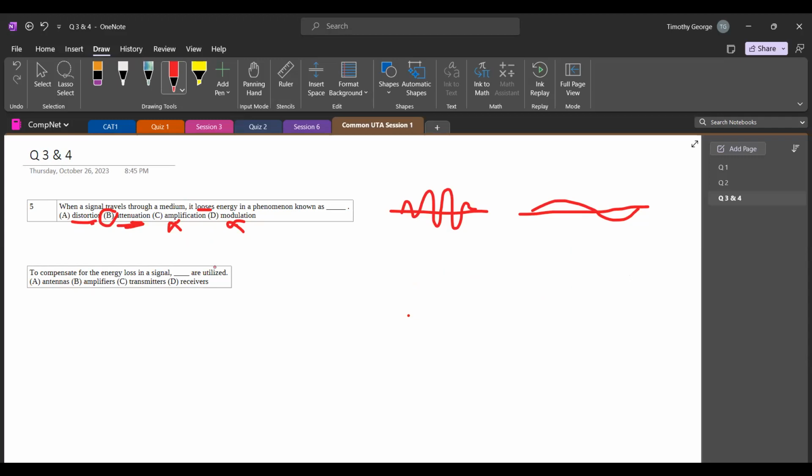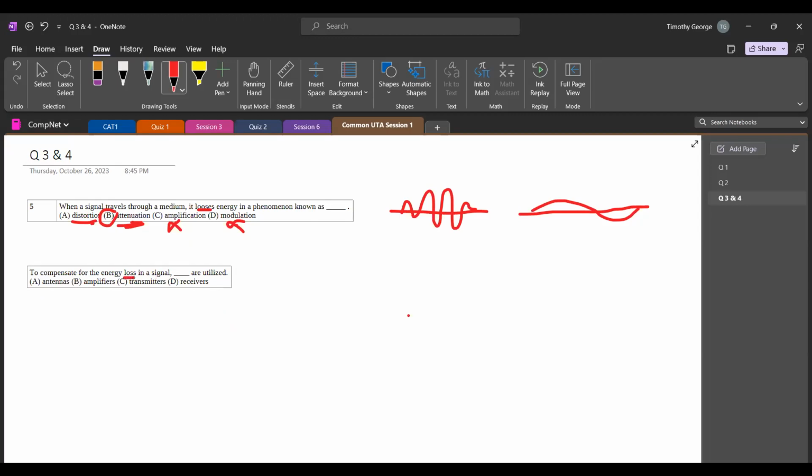Next question. This is also a direct theory question. Compensating for energy loss in a signal, what is utilized? Antennas, amplifiers, transmitters, and receivers. If you have energy loss, you need something that would make up for that loss. It will give more energy to the signal.